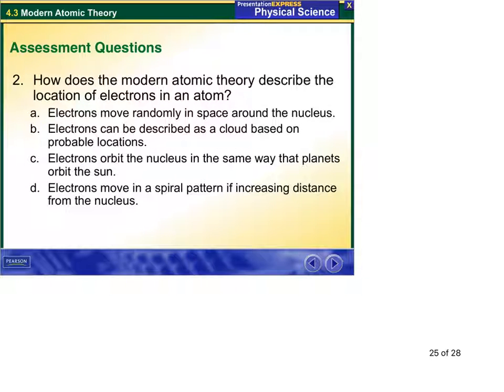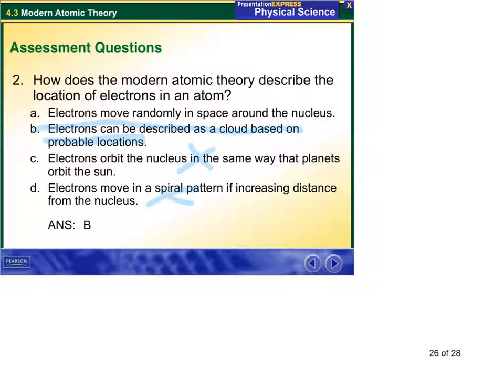How does the modern atomic theory describe the location of electrons in atoms? C, the answer: electrons can be described as a cloud based on probable locations. And looking at some of the other ones, we haven't talked about the Bohr, modern or electron cloud model.